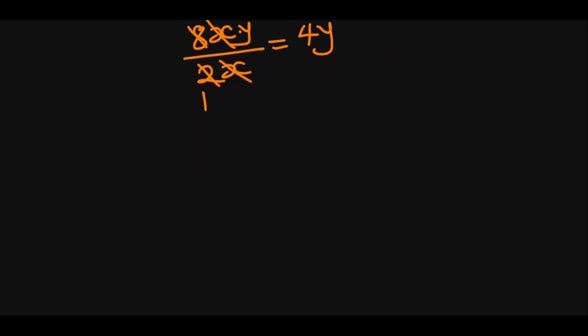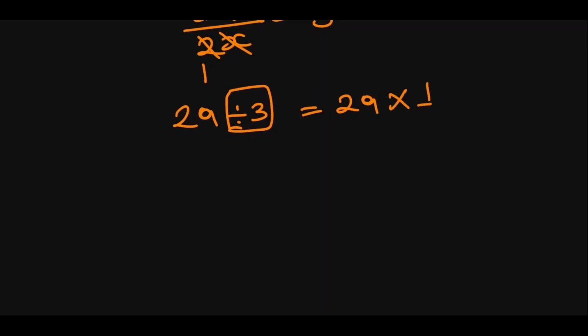Another thing to mention, still under division, is that the division sign can become the multiplication sign if you move the numerator to the denominator. What do I mean? If you had 2a divided by 3, which is the same thing as 2a over 3, and you want to change this divided by 3 to multiplication, you can say times 1 over 3.